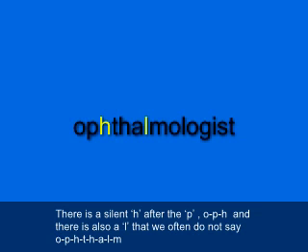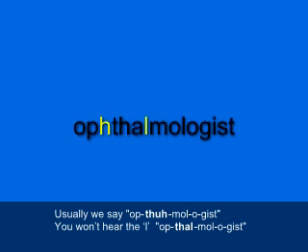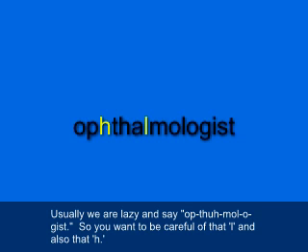There's a silent H after the P, OPH, and there's also an L that we often do not say, OPHTHALM. Usually we'll say ophthalmologist. You won't hear the L. Usually we're lazy and say ophthalmologist. So you want to be careful of that L and also the H.